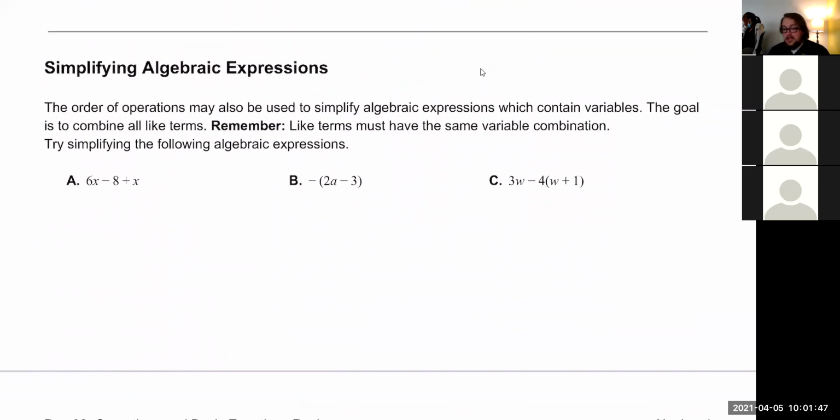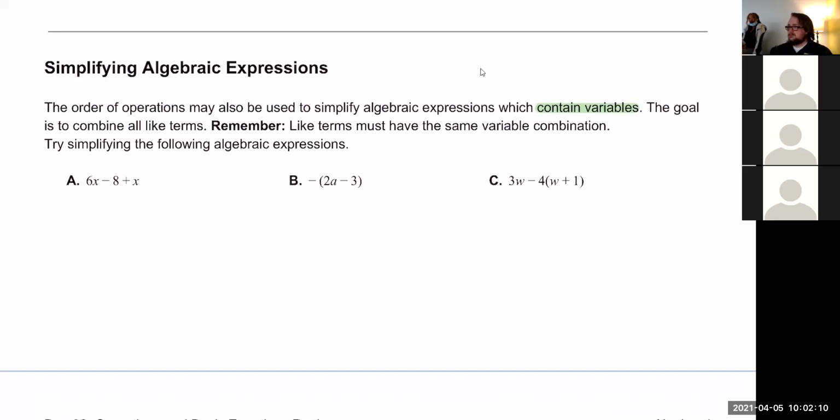So there's one more thing I want to talk about before we transition to the backside, which is all things equations. And that is a specific type of expression called an algebraic expression. So an algebraic expression, I'm going to highlight this here, contains variables.